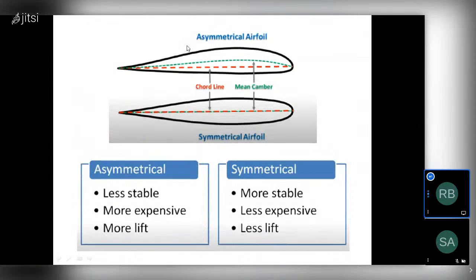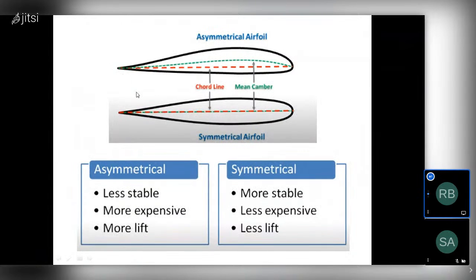In the unsymmetrical or asymmetrical case, you get a gap between the chord line and the mean camber line. That gap we generally call the thickness of the camber.